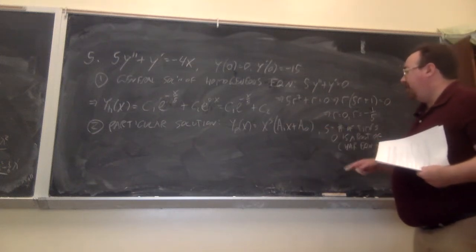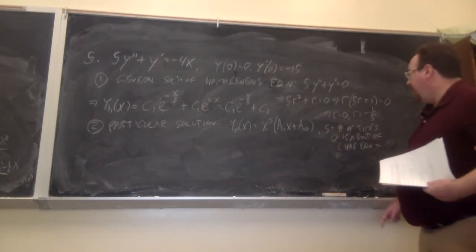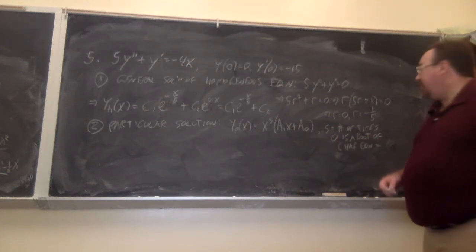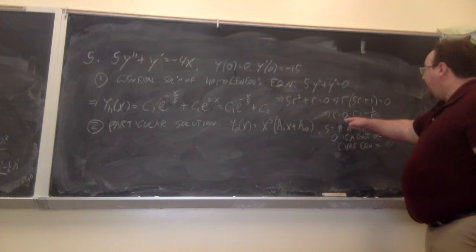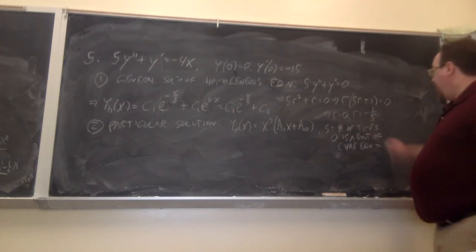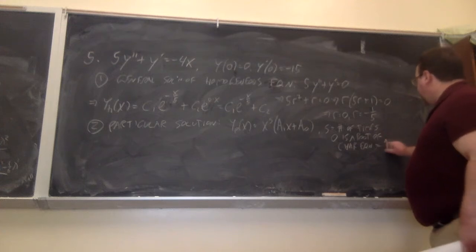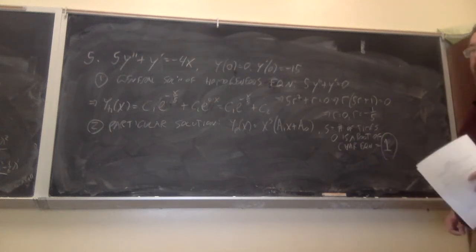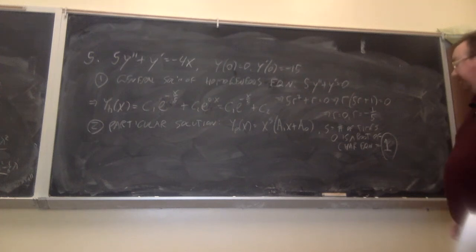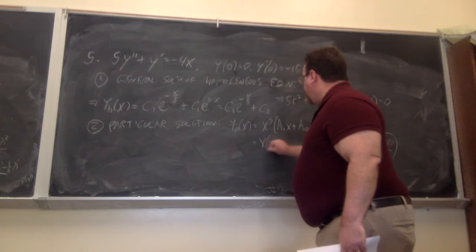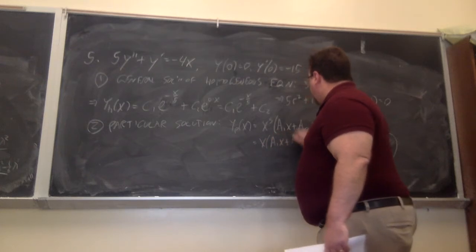Now, what happens here is, since we have a polynomial here, there's no exponential, there's no sine or cosine, we need to see, is 0 among the roots of the homogeneous equation? So we look, and yes, it is one of the roots. Therefore, the number s is equal to 1. So you have to take that overlap. So we're going to have x times a1x plus a0.